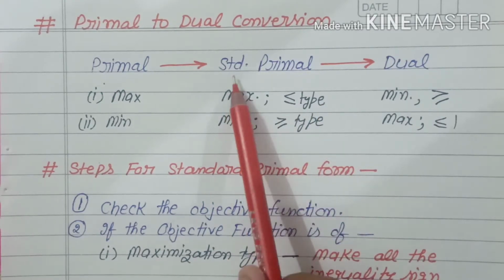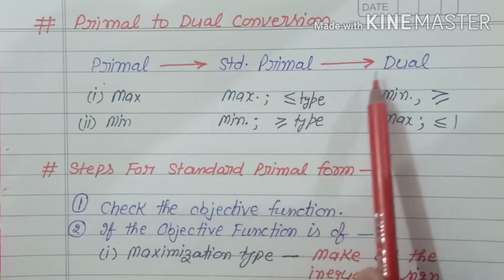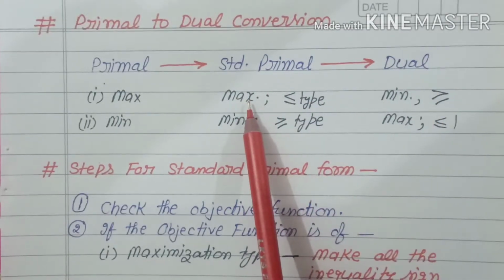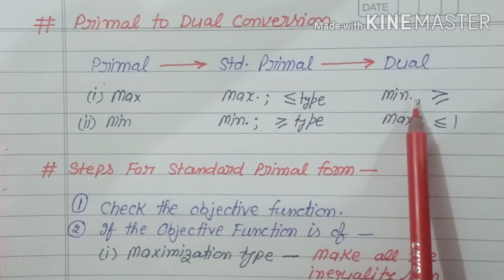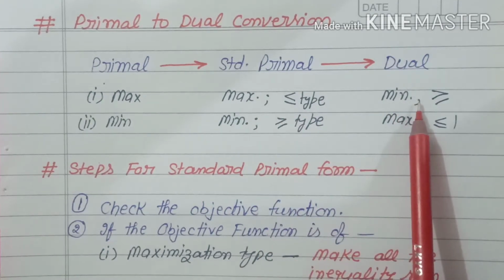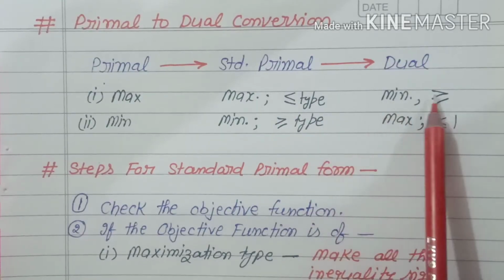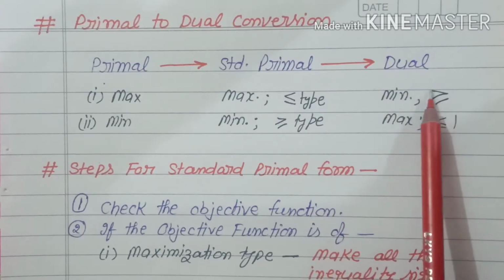Then when we convert this standard primal to the dual, the maximization type of objective function will now be converted to minimization type of objective function, and accordingly the symbols of inequality will become greater than or equal to.